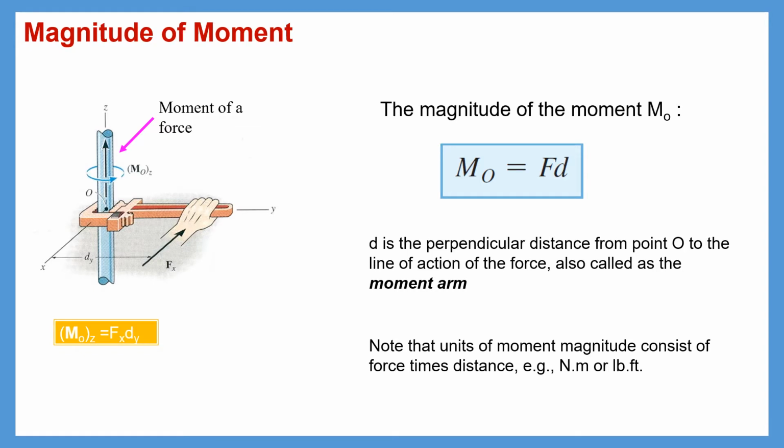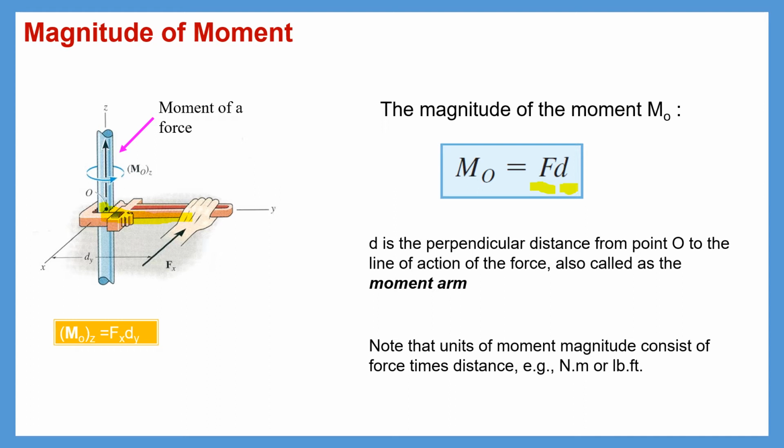We can calculate the magnitude of the moment if we know the magnitude of our force, here F, and the perpendicular distance between point O and force F, let's say D. So the magnitude of the moment will be calculated by multiplying force with perpendicular distance.